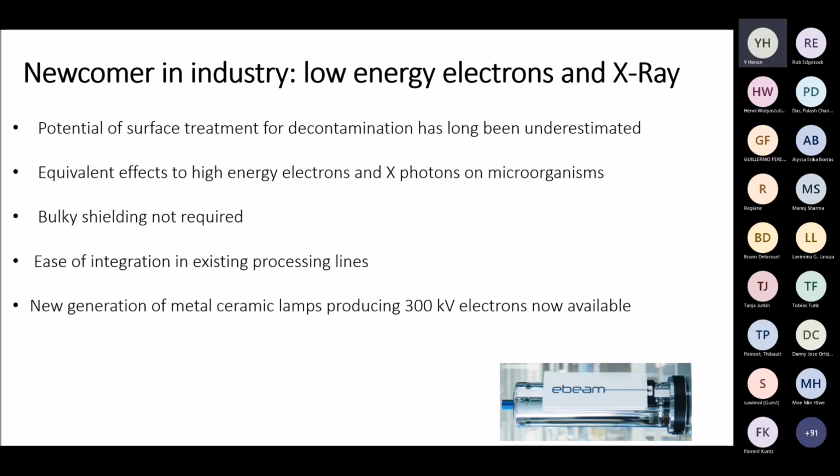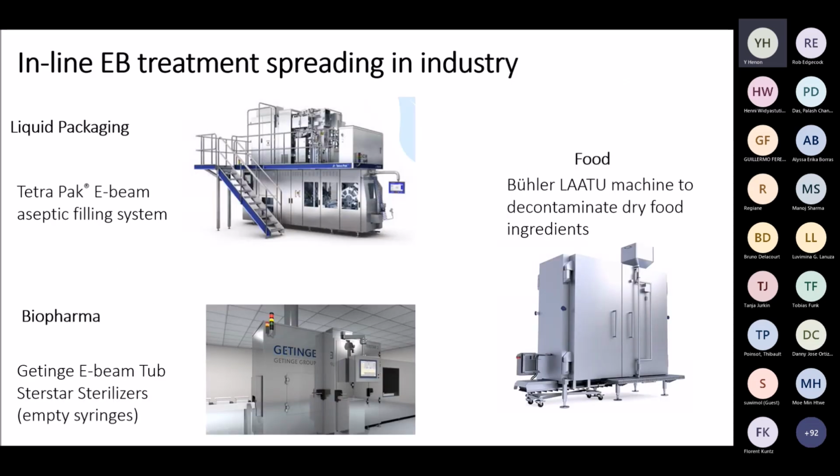I want to finish this quick review with a few words on low energy electrons and X-rays. Something new, really, something that has been overlooked for many years. And for example, with the availability of this lamp, like you see at the bottom right, the metal ceramic lamps producing electrons or X-rays, it becomes more feasible.